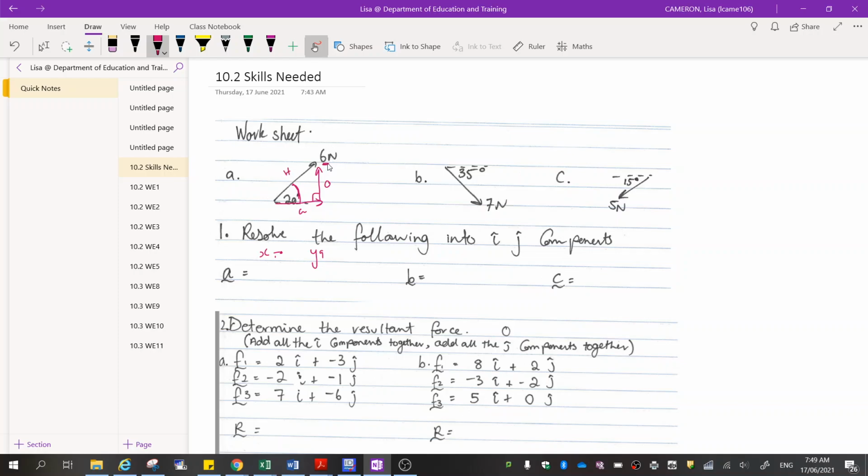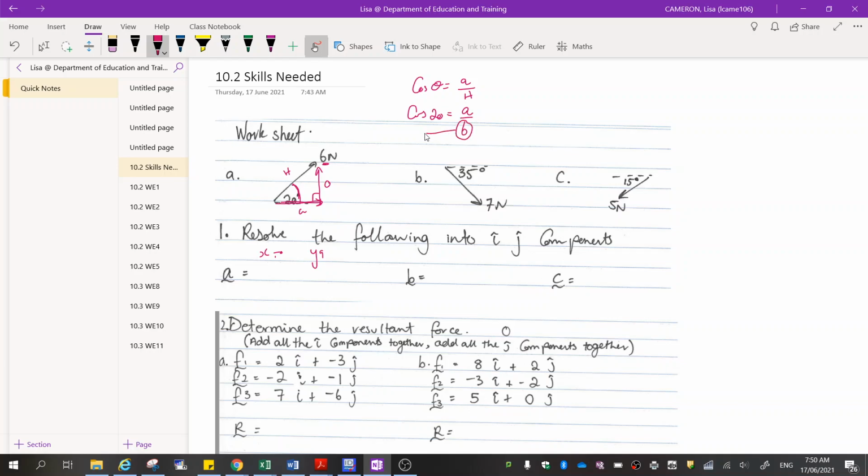Now we know the hypotenuse, so we're going to start transposing that formula. So if I'm looking for my x coordinate, which is the one that's going along here, that's going to be cos, because it's the adjacent and the hypotenuse. So cos theta equals the adjacent over the hypotenuse, which is going to be cos of 20 degrees is equal to A over 6.